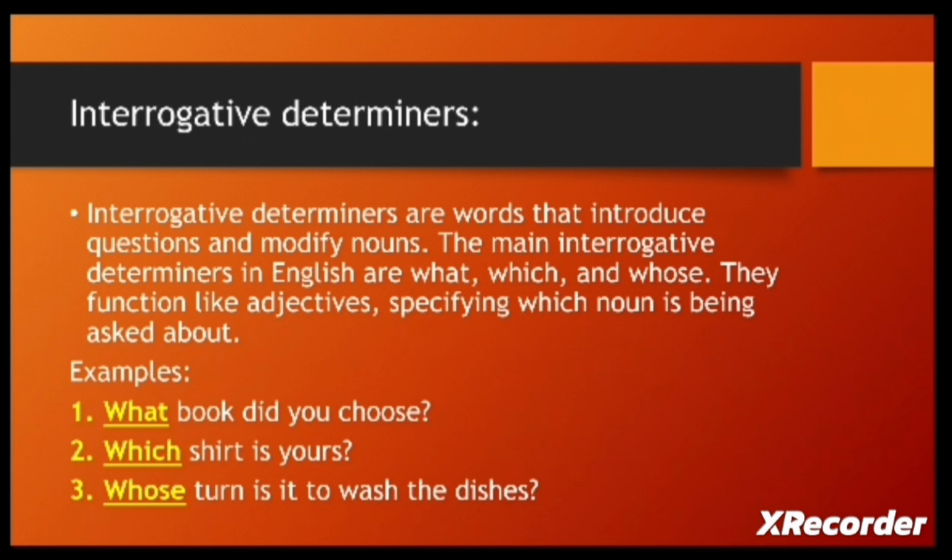For example, what book did you choose? Let's see the next example. Which shirt is yours? Next one, whose turn is it to wash the dishes? So in every example we have an interrogative determiner.